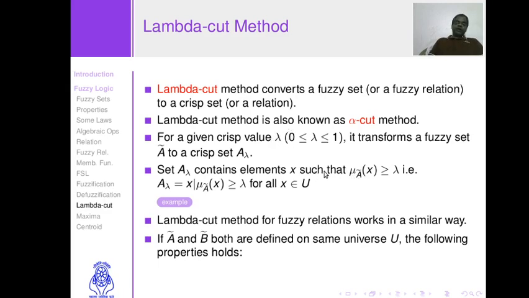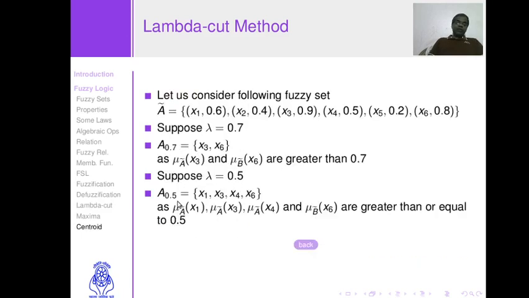In algebraic form we can write this as: crisp set A lambda has elements x such that their degrees of membership in fuzzy set A are greater than or equal to lambda. It would be more clear with the help of an example. Let us discuss that example.